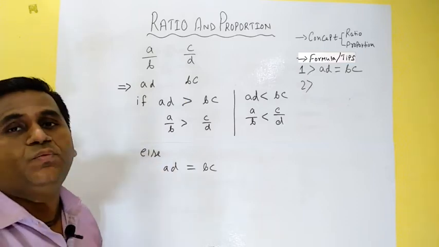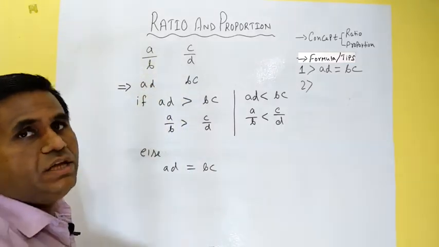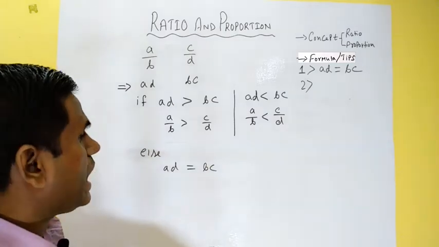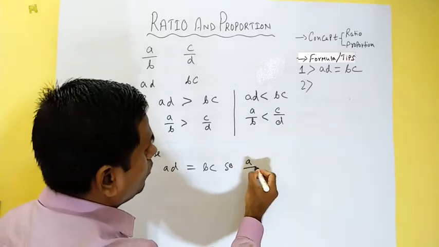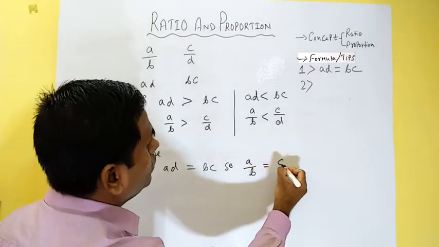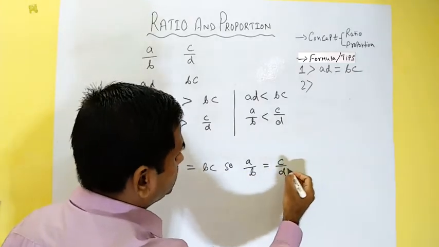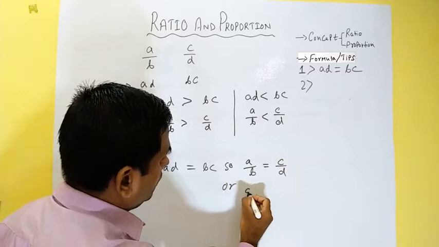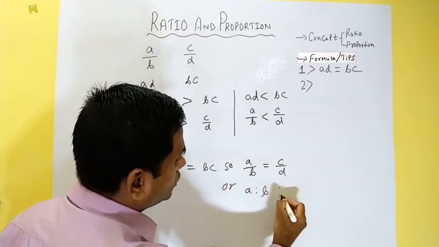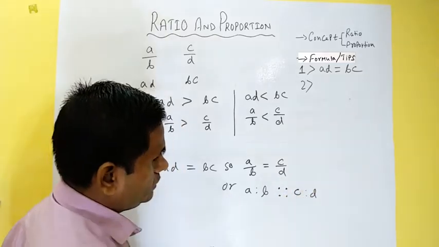Then in this case, we can come to the conclusion that these ratios are equal, or we can say these ratios are in proportion. So we can write here A upon B is equal to C upon D, or you can also write A is to B proportion to C is to D, okay.